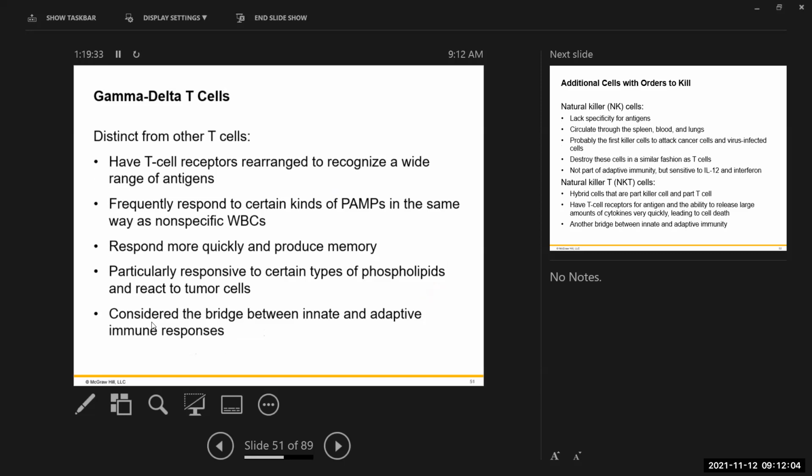Gamma delta T cells have a completely different type of T cell receptor. Their range of variability of T cell receptor is low. These predominantly will bind to lipid soluble antigens.